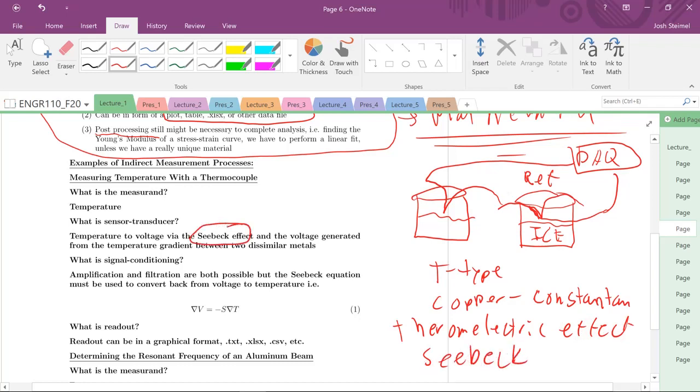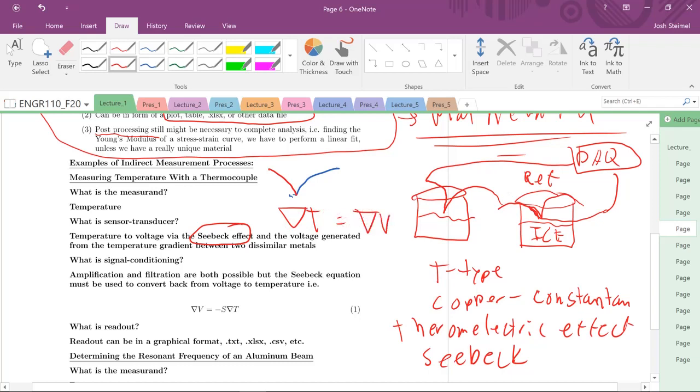When you have two dissimilar metals under a temperature gradient, so one type of metal and another type of metal at a sensing junction, and you expose that to a gradient in temperature, it will produce a change in voltage.